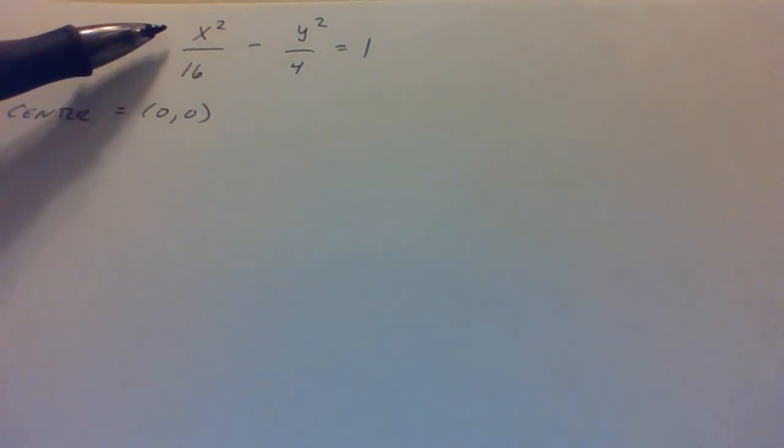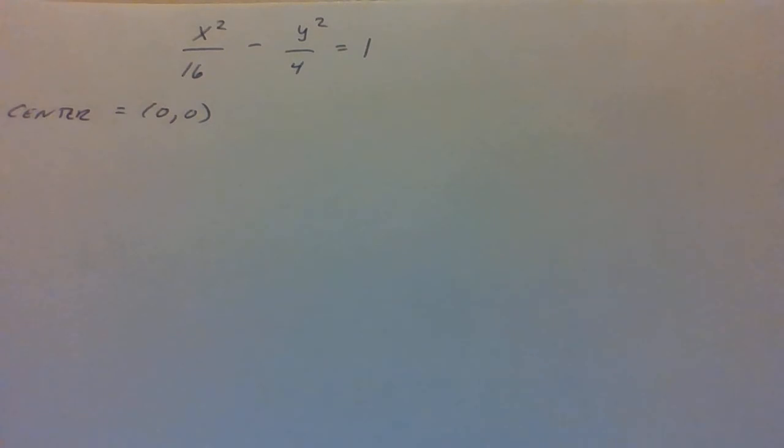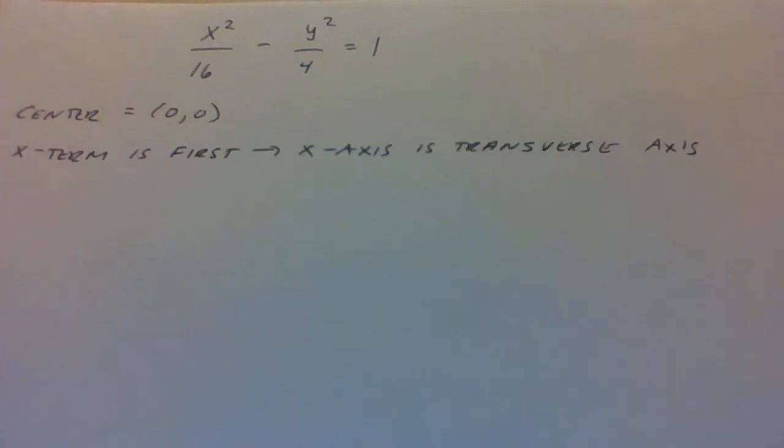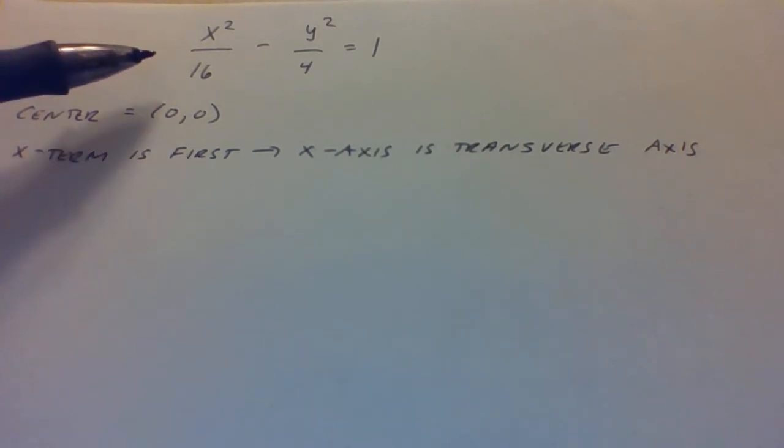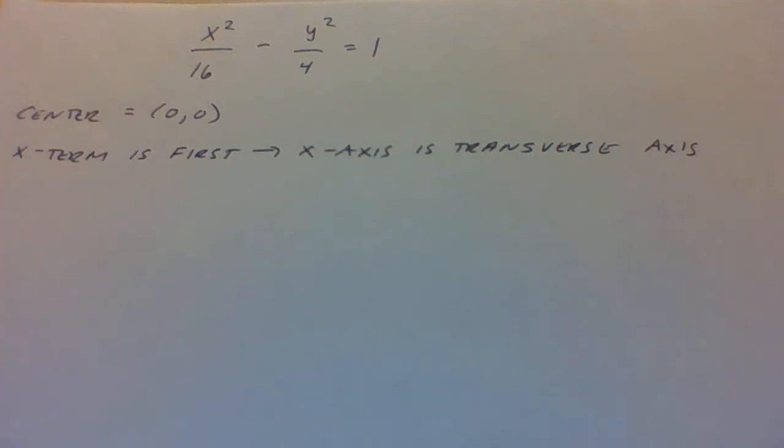Since our x term comes first in this fraction, our transverse axis is going to be the x-axis. Now we can start working with the 16. That is our a squared value, so our distance from the center out to one of our vertices is going to be 4 units. We take the square root of 16 to get 4.